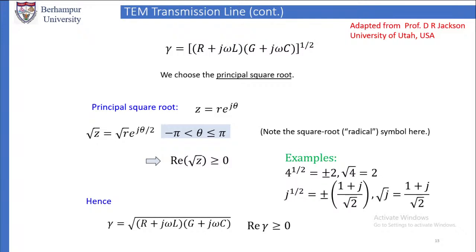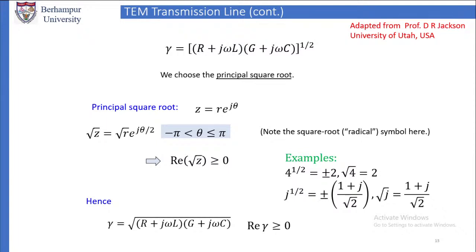Its square root, you are considering the principal square root, therefore square root of r is positive. Then exponential j theta by 2, in the limit of theta within minus pi to pi, is always positive. Therefore the real part of the square root of z is always greater than or equal to 0.